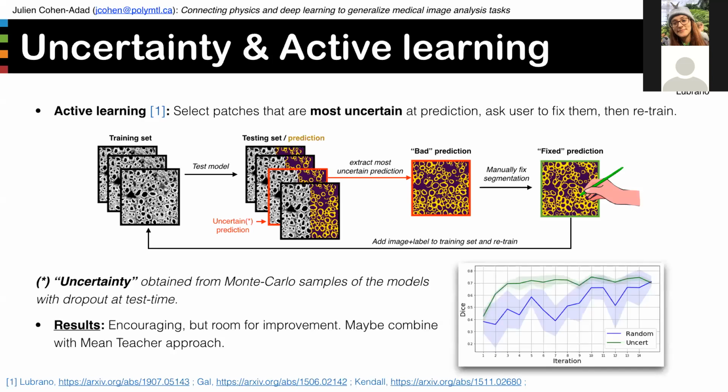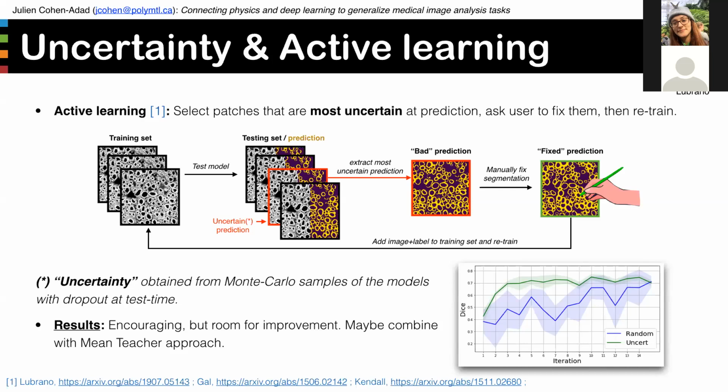So here are the results. On the ordinate, you have the Dice on the testing set, and on the abscissa, you have the number of iterations. And at each new iteration, there is a new ground truth patch that has been added to the training data set. So at each new iteration, basically the model improves.